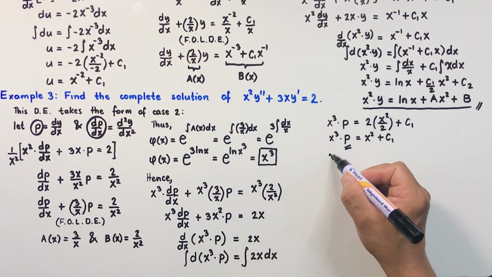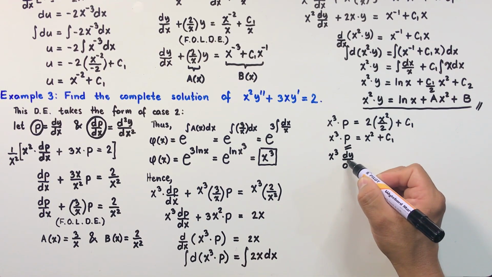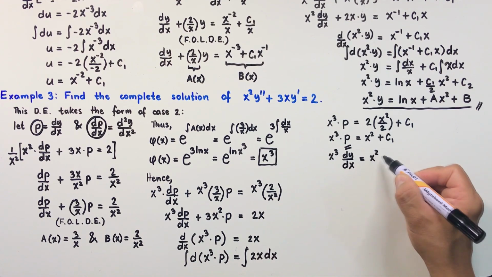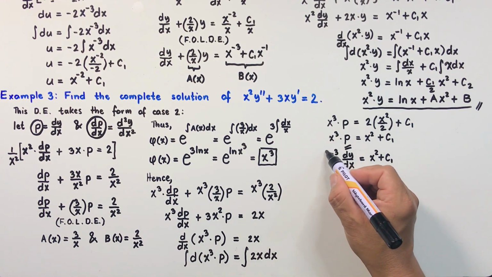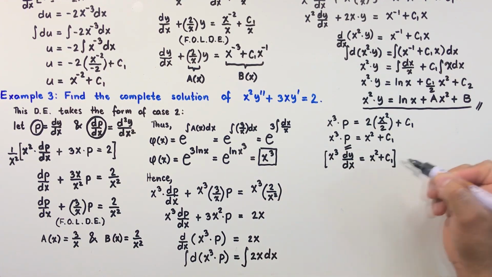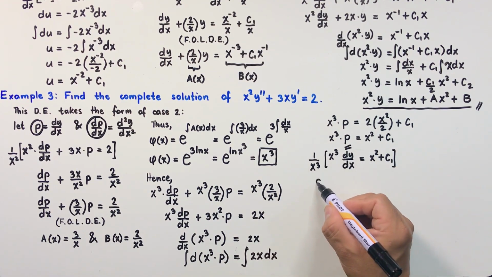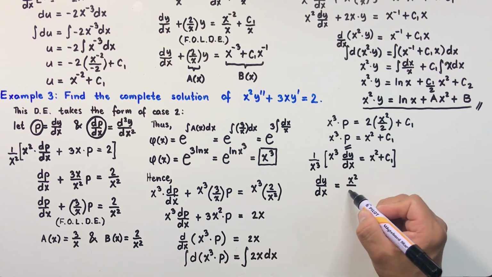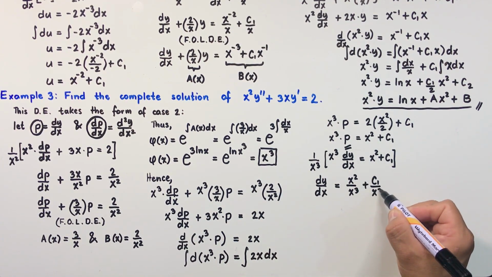So substituting our original variable, we have x cubed times dy/dx equal to x squared plus c sub 1. To eliminate this x cubed, we multiply both sides by 1 over x cubed. So we have dy/dx equal to x squared over x cubed plus c sub 1 over x cubed.